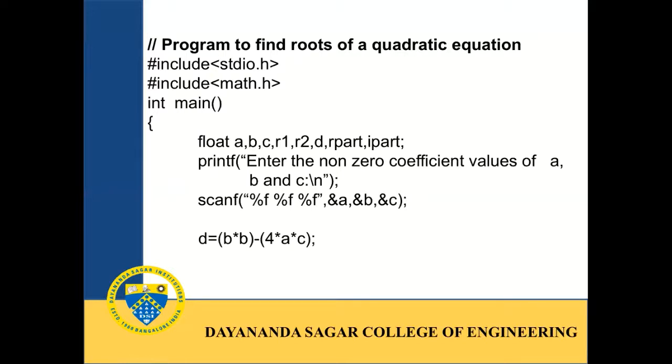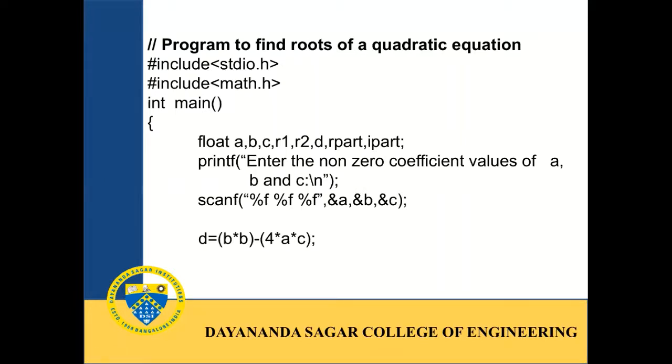Then we have a message to be printed on the screen that we are going to do using a formatted output function, that is printf, asking the user to enter the non-zero coefficient values of a, b, and c.